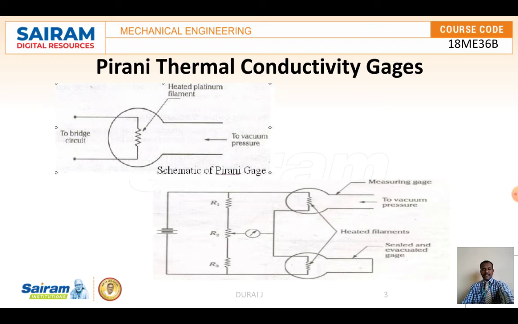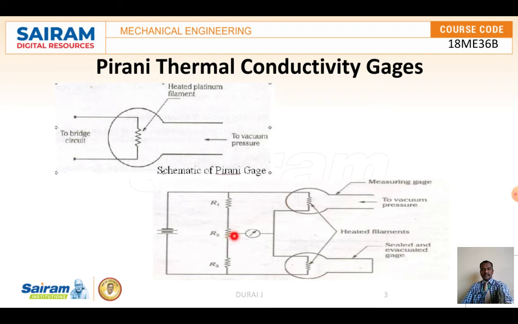In a simple way, this is the closed chamber, and here is the open chamber where the pressure has to be measured. First, we keep the R2 resistance at null. Depending on the pressure, the thermal conductivity of the gas varies, so the resistance value changes accordingly.